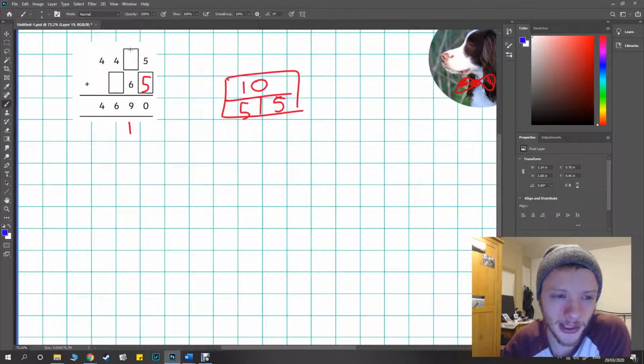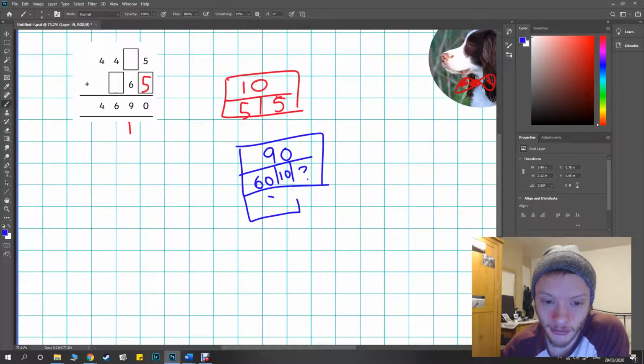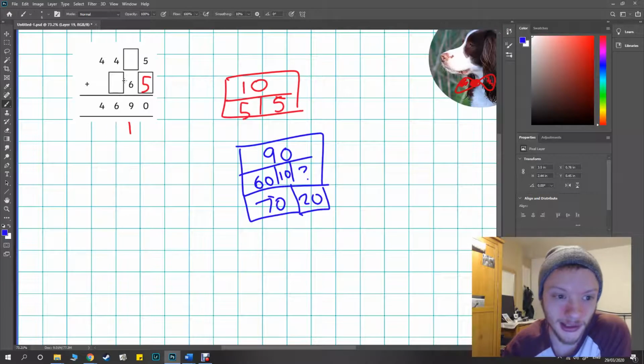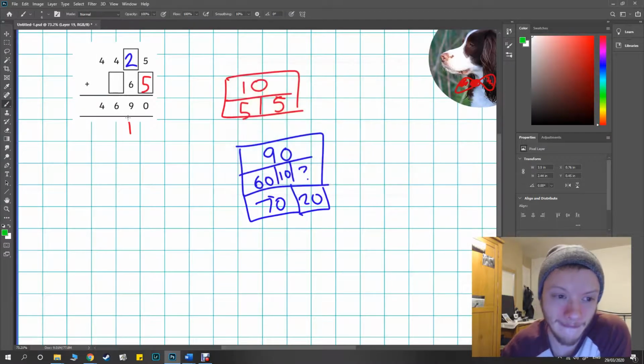Okay, so in this column I've got something that's going to make 90. I've got 60, I've got 10, and I've got a mystery number. Well, 60 and 10 makes 70. To get to 90 is another 20, so that's got to be a 2. Fantastic. Cooking on gas.